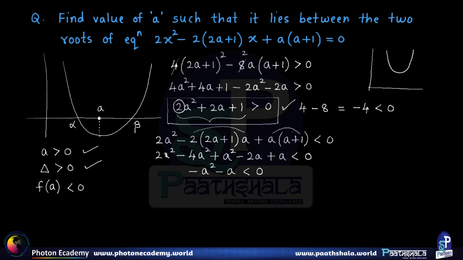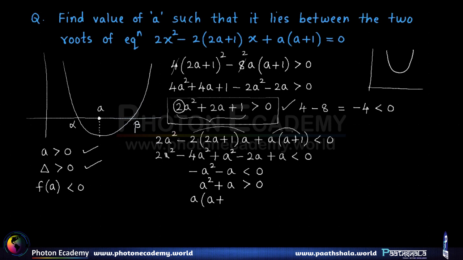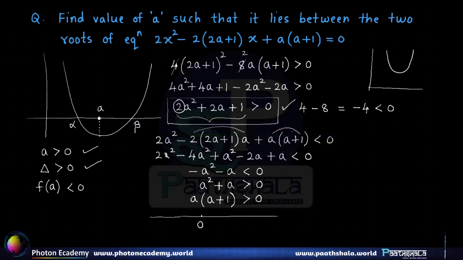So multiplying by minus 1, we have a square plus a, and now the inequality will reverse and will have greater than 0. And taking a common, we have a into a plus 1 also greater than 0. So that means here by wavy curve method, a is either minus 1 or 0 to make these factors 0.